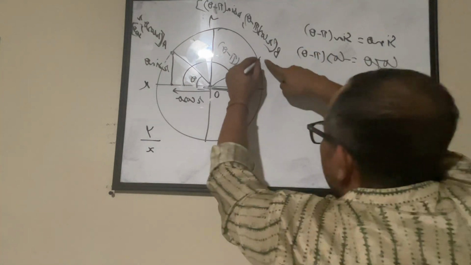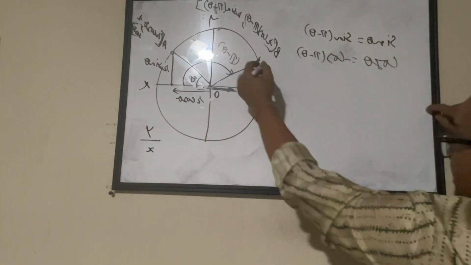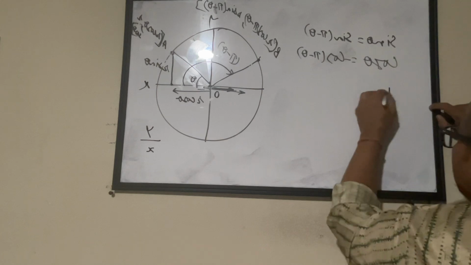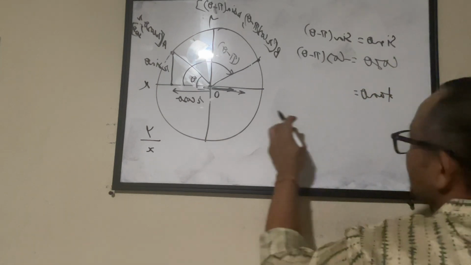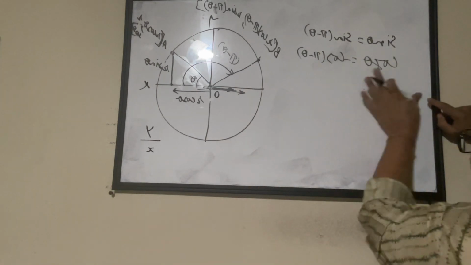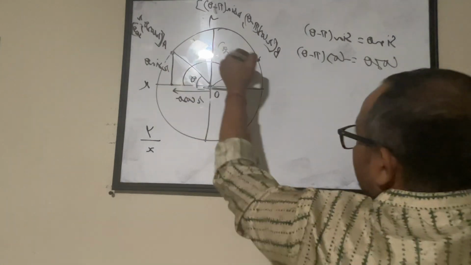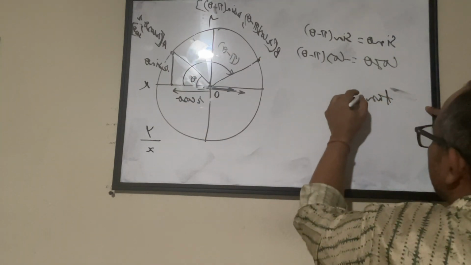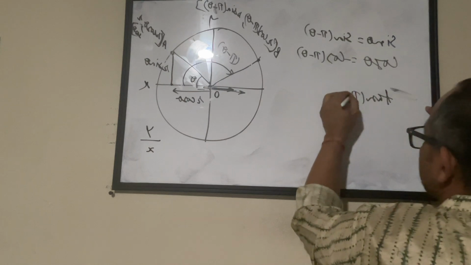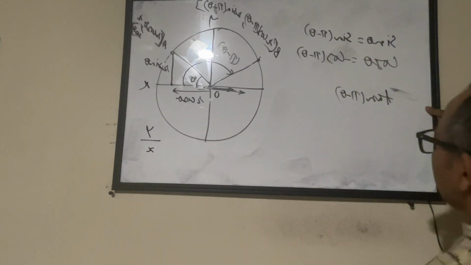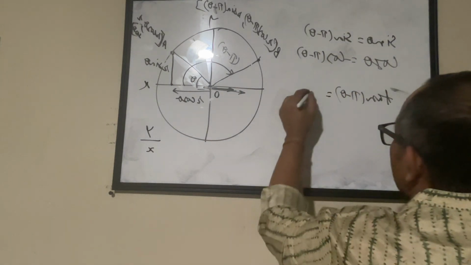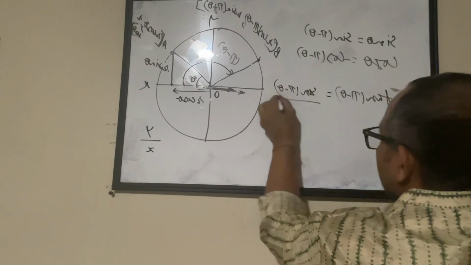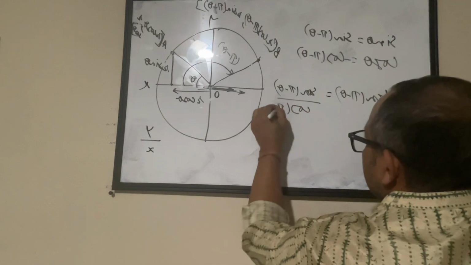So if you look at the slope of this guy, again y by x, so tan theta, let's look at this one: tan pi minus theta will be equal to sine pi minus theta divided by cos pi minus theta.